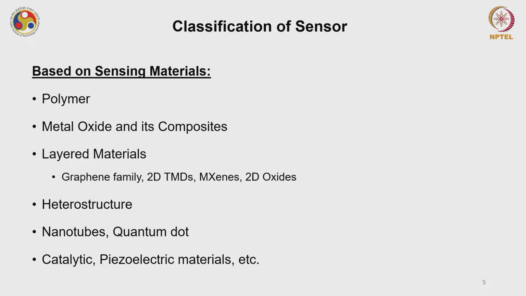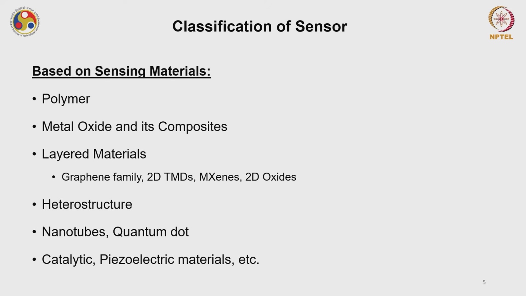The sensing receptor actually receives the foreign particle or foreign stimuli that it wants to measure, and the transducer converts it into the electrical signal. Based on sensing material, we have a diverse class of materials available which have been used as sensing materials, like polymers. Polymers were the initial class of materials that were investigated for sensing applications.